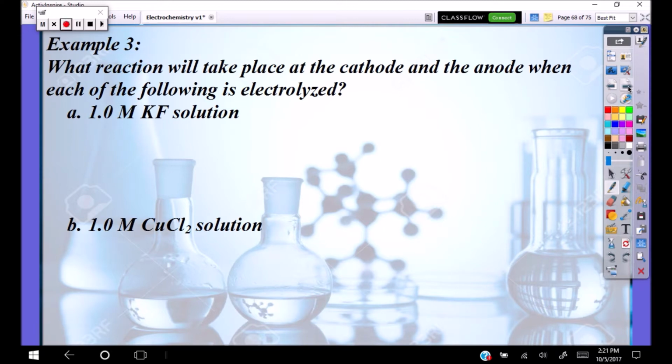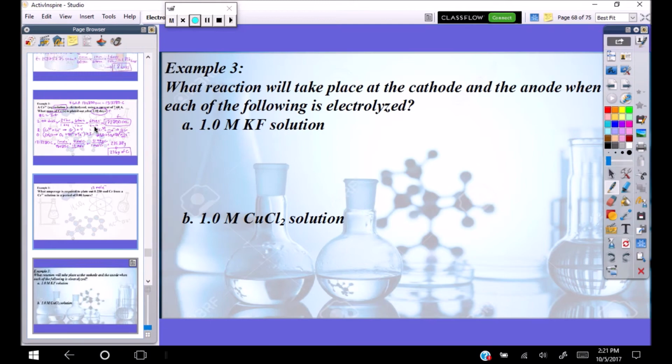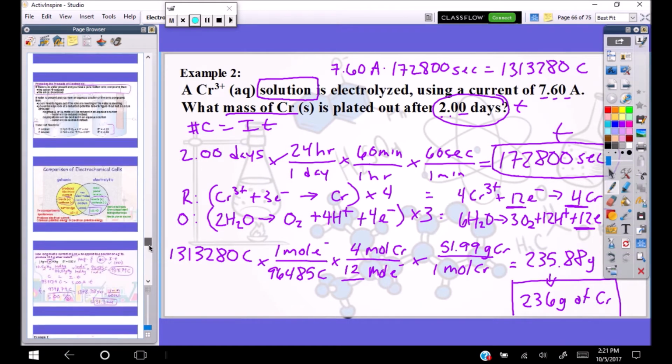So we've got these two problems here. What reaction will take place at the cathode and the anode when each of the following is electrolyzed? All right. So here's where we have an issue, because when we are looking at our slides, we'll go back to our slides for a second, we have KF.